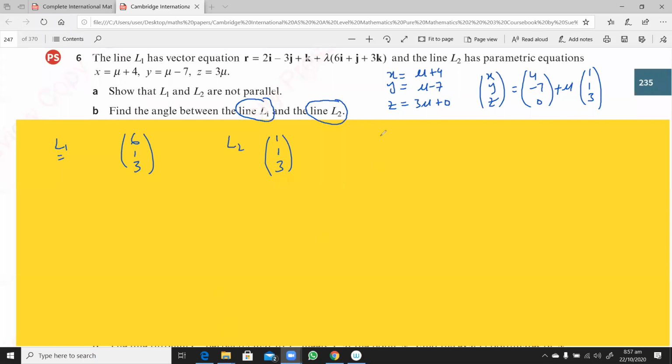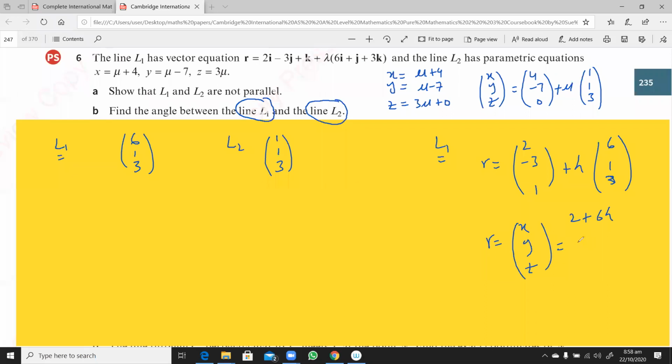Look at this L1. L1's equation was r equal to 2, minus 3, 1, plus lambda times 6, 1, 3. If you want to write its parametric equations, this r is basically going to be x, y, z, and then with the matrix addition, this is going to be 2 plus 6 lambda, minus 3 plus lambda, and 1 plus 3 lambda.